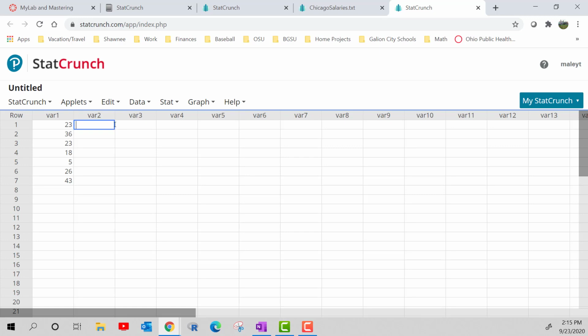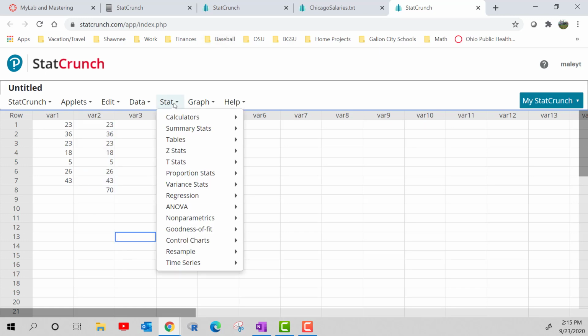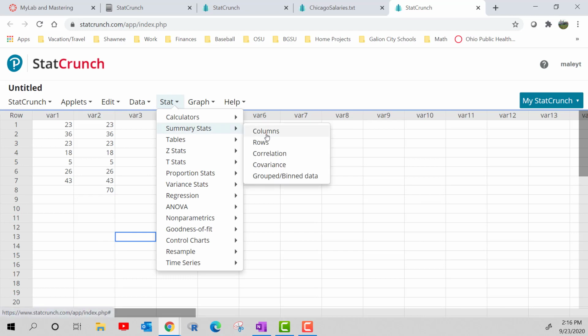And in the second set of numbers, we had the same numbers and then a 70 added. So I'm going to select this and do Control C, then click over here, Control V, and then I need to add the number 70 in. Then I can go to Stat, Summary Stats, Columns.